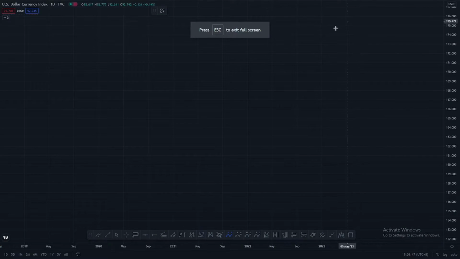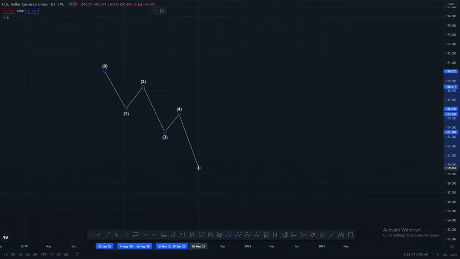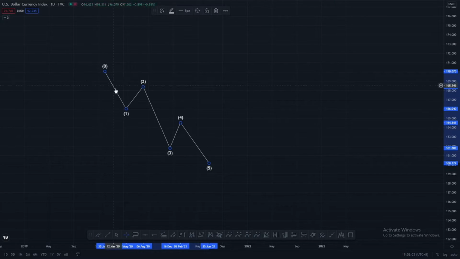So for example, we are in a bear market, but remember this can also happen in a bull market. Prices are going down. You have your wave 3, wave 4 and wave 5. As price comes down, you are looking for a short position.